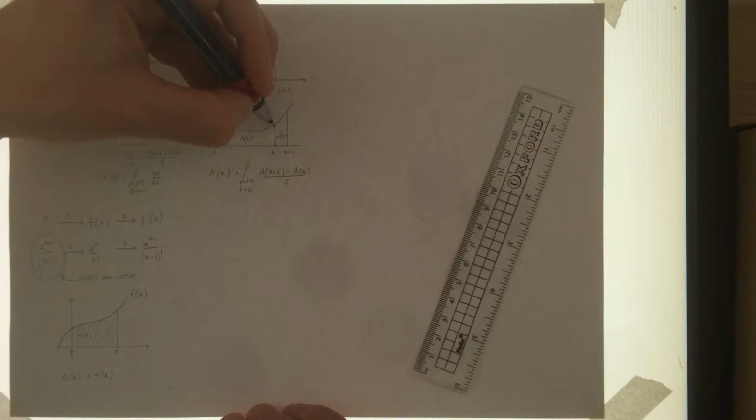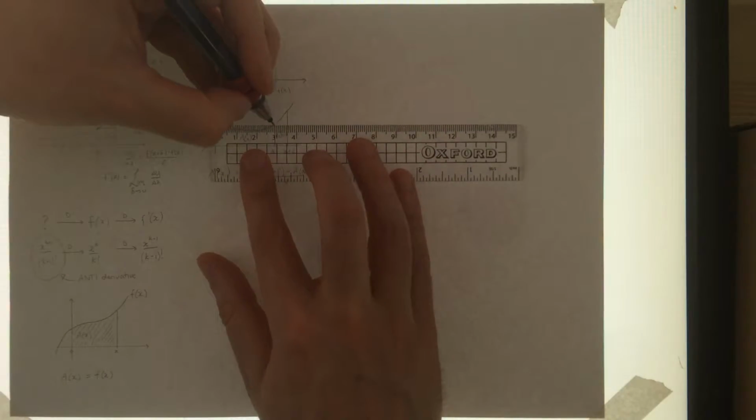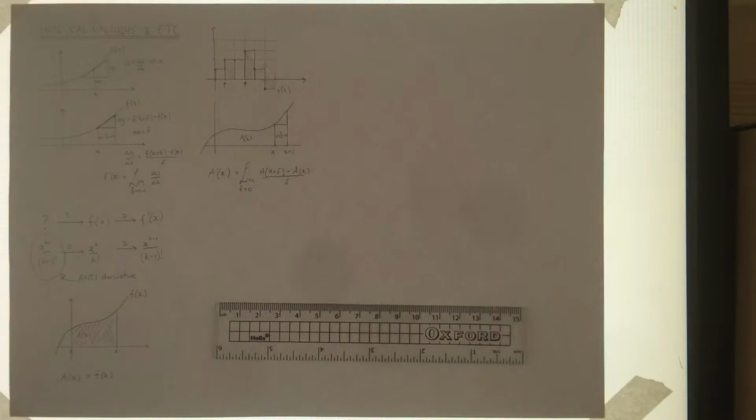And the difference between these two areas is just this shaded region, which can be separated out as this rectangle plus this triangle.